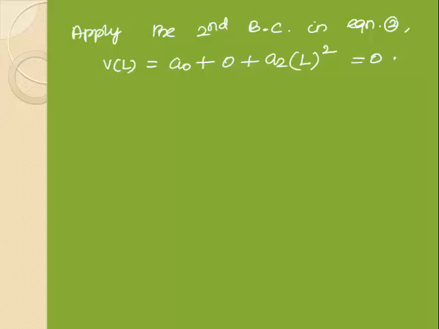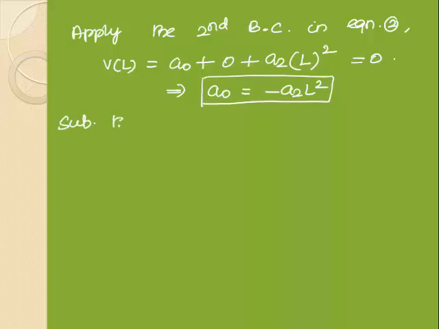This is the condition: when x equal to L, the velocity function is 0. So a0 is equal to minus a2 L square. So by applying both the boundary conditions, we have found the values for a0 and a1.